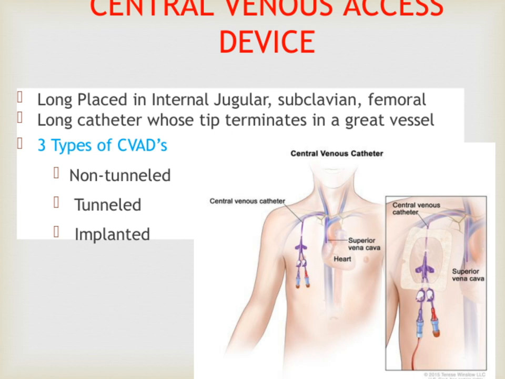Lastly, the implanted devices, which are completely under the skin and are typically used for patients requiring long-term access, like chemotherapy. Understanding these types is crucial because each has its specific indications, benefits, and considerations. They all fall under the broader category of central venous access devices, which are essential tools in modern medicine. This overview helps us appreciate the diversity and versatility of CVADs in clinical practice.